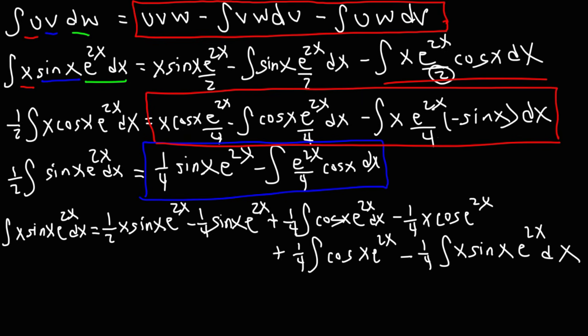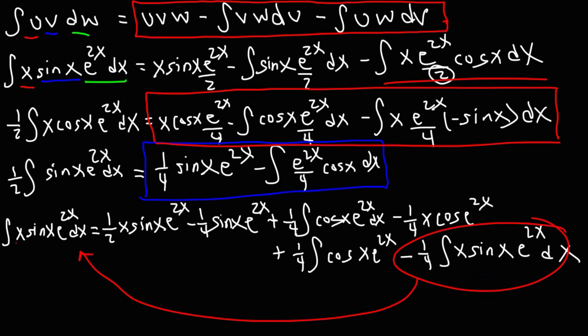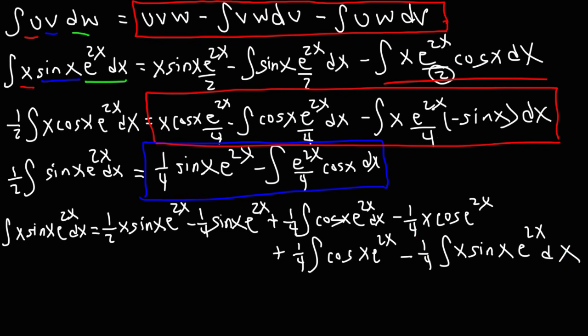So what I'm going to do now is take this and move it to the left side of the equation. So we have 1 plus 1/4. That's 4 over 4 plus 1 over 4, which is 5 over 4.